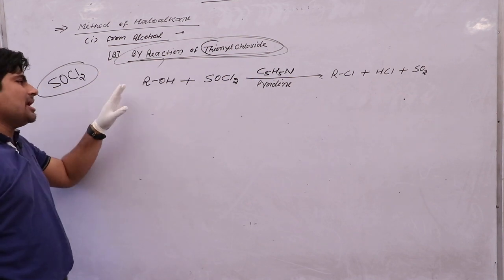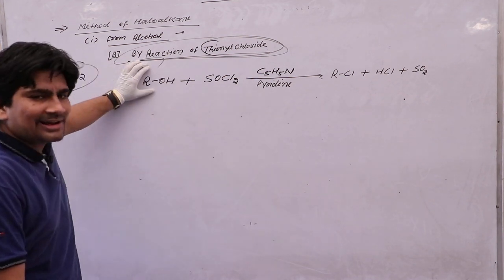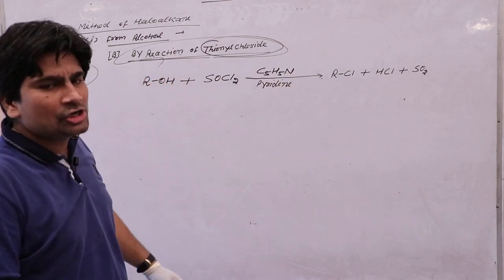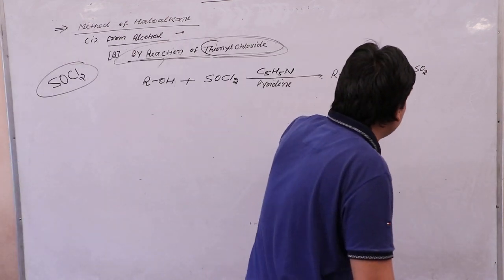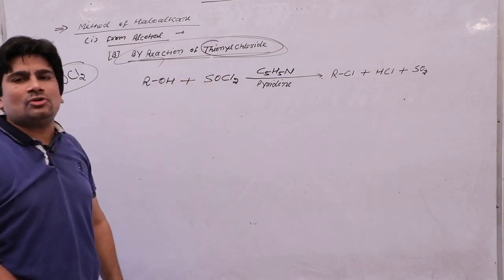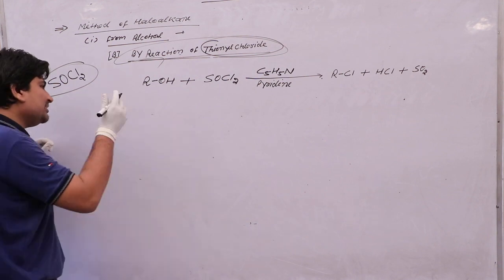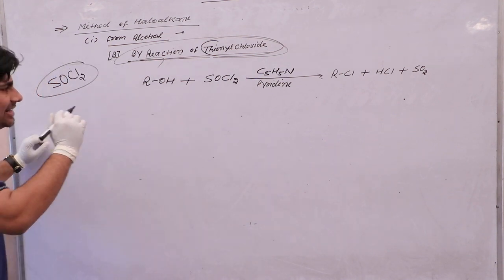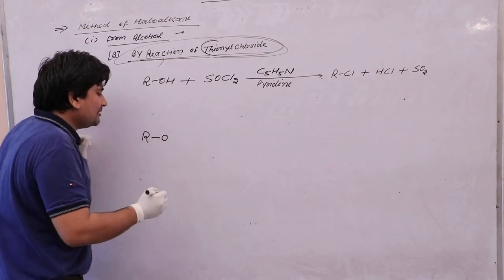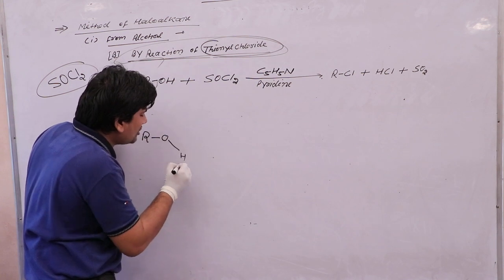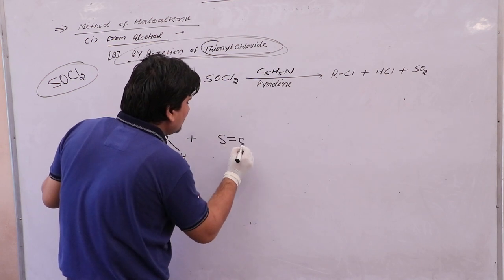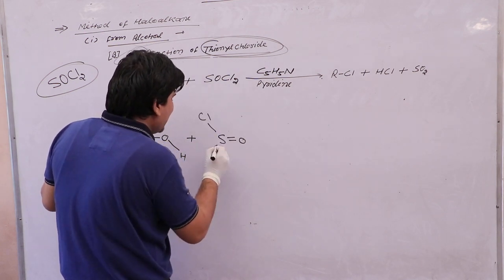Let's see again: alcohol reacts with thionyl chloride in the presence of pyridine and gives an alkyl chloride, HCl and SO2. We will see this reaction by a trick. First, we write alcohol ROH and the structure of thionyl chloride as O double bonded to S with Cl and Cl.